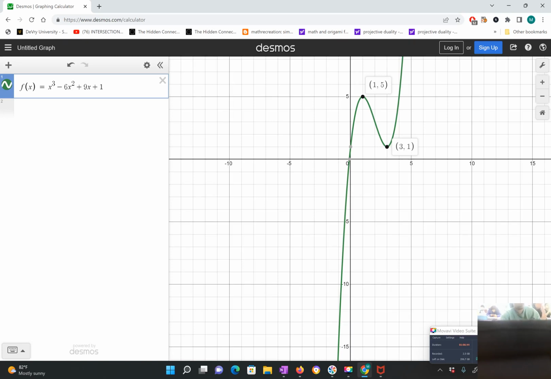You see how it's increasing from negative infinity to 1? And then from 1 to 3 it's decreasing. And then again it's increasing from 3 to positive infinity, and you can tell based on the first derivative and its result.